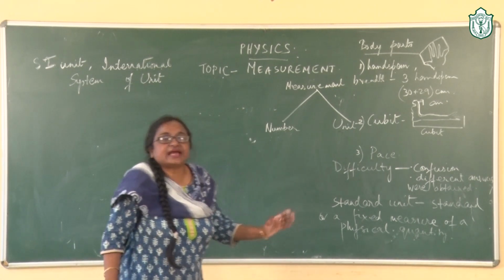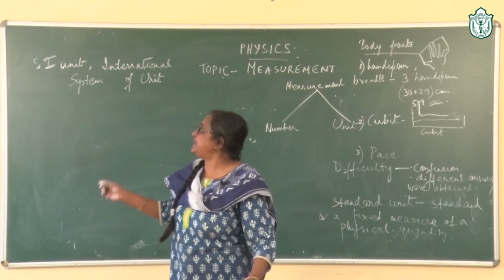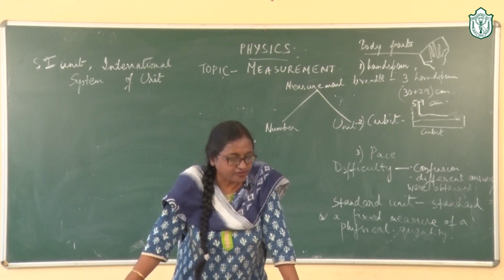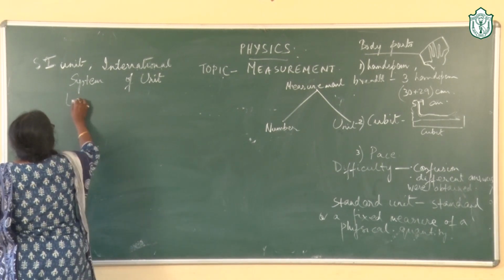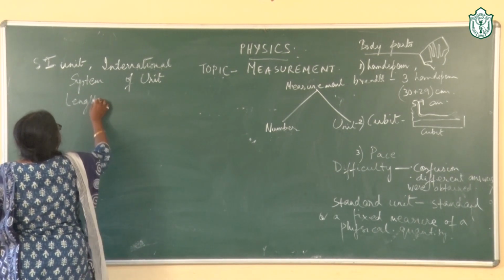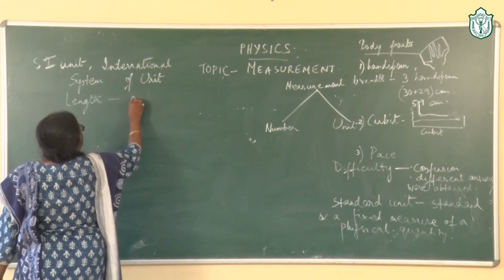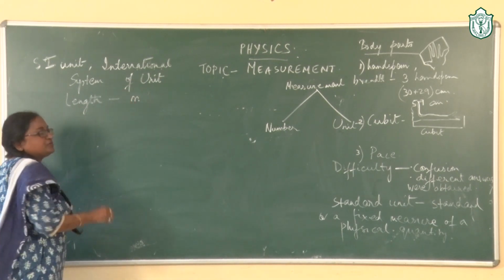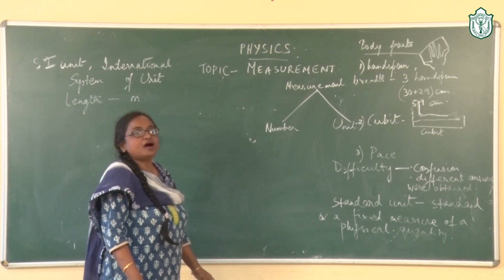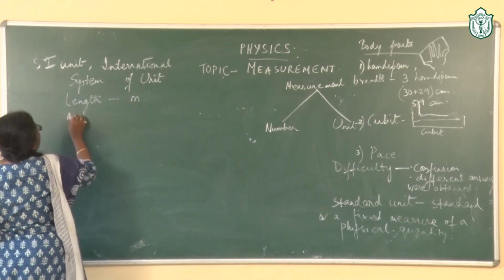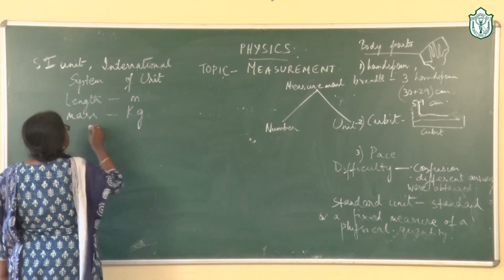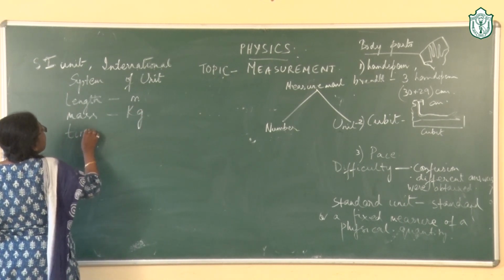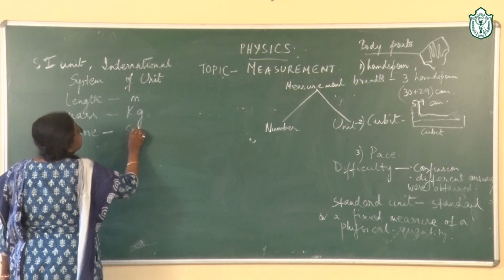Under this category, the SI unit of length would be meters, SI unit of mass would be kilogram, and SI unit of time is second.